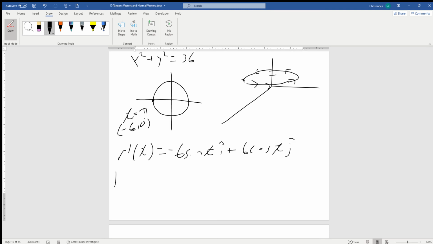The magnitude of r prime of t, and this is where it's going to be really nice because of the sine and the cosine, is equal to the square root of the quantity negative 6 sine of t squared plus 6 cos of t squared.